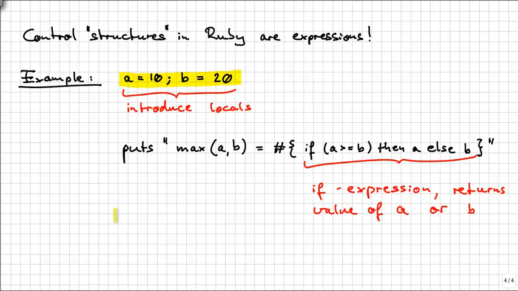And then I use a puts to print a certain string, and the string here is the maximum of A and B equals, and now I'm using string interpolation, and the expression I'm interpolating into the string is an if expression. And this if expression returns the value of A or the value of B, depending on which one is the maximum.